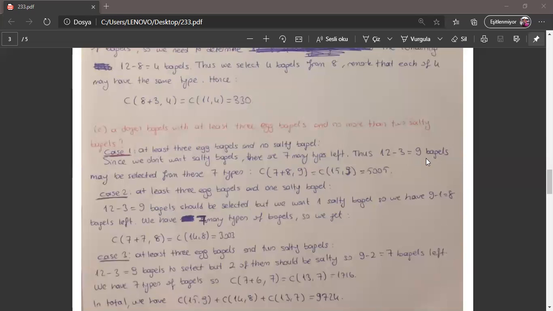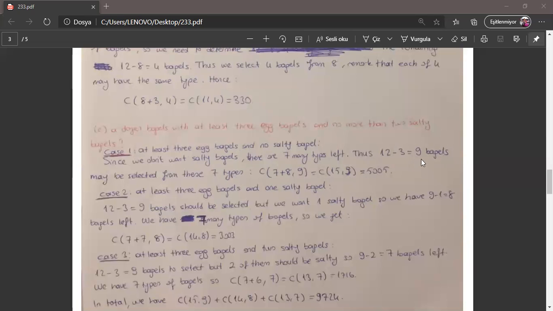9 bagels left because 3 of them should already be egg bagels, okay? As we have here at least. So we have 9 bagels now. We had 7 types. Still, we cannot choose salty bagel, okay? That's why we have 7 types now.